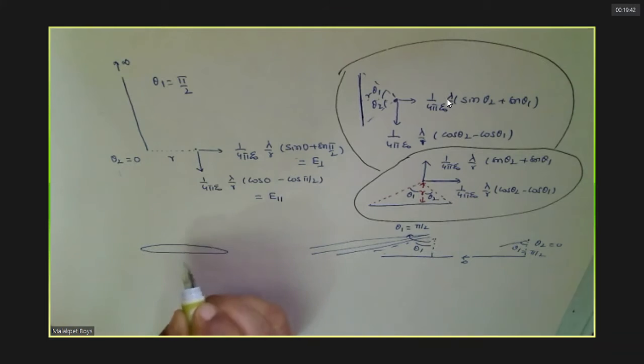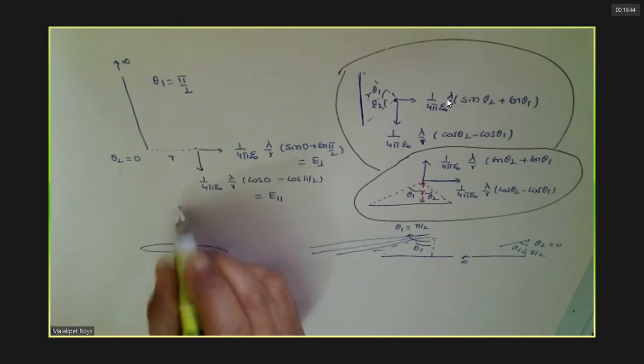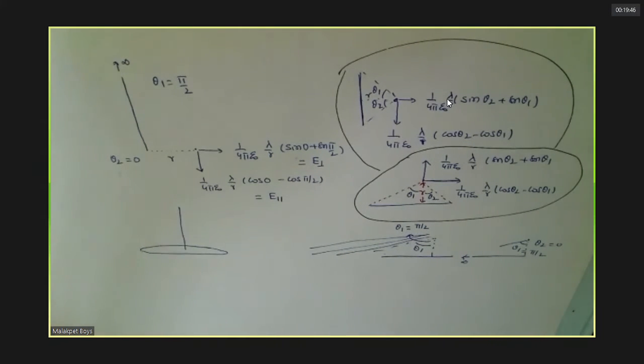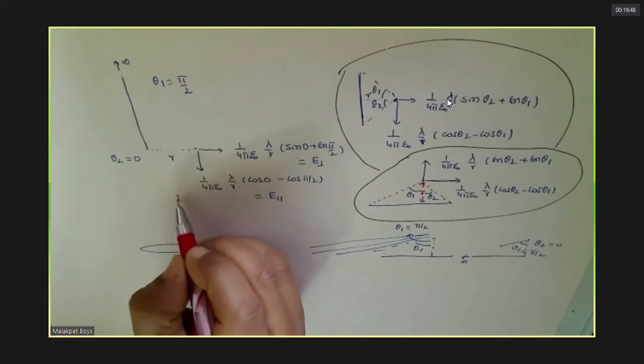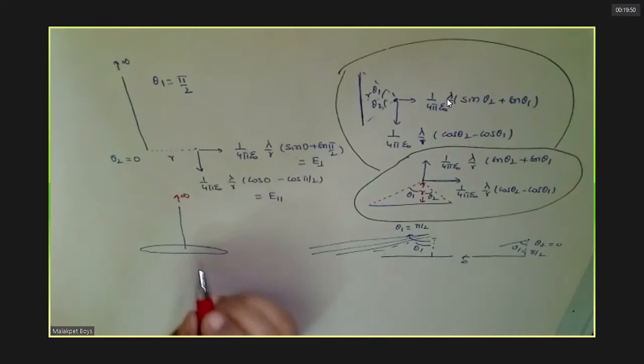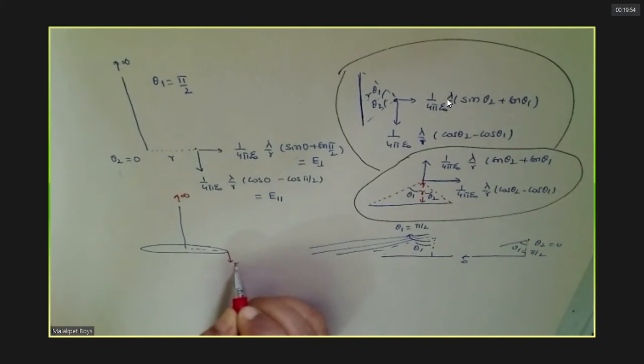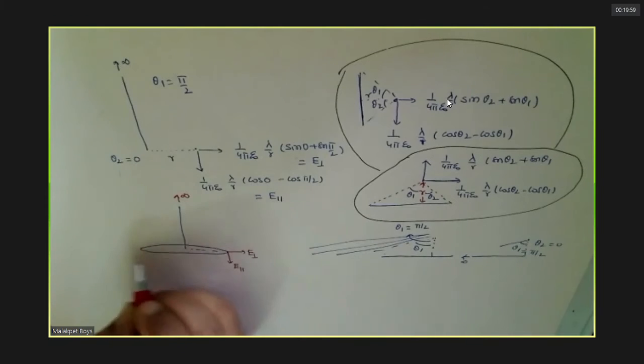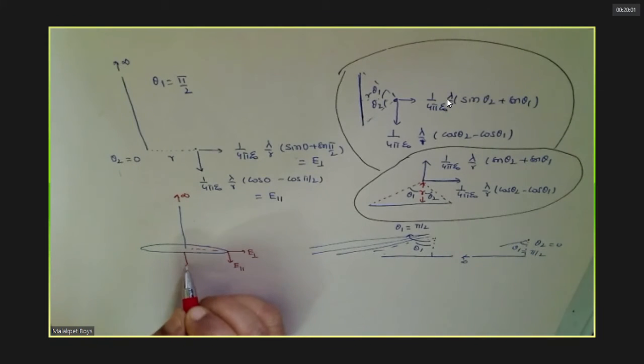Now you have a ring here, a wire here. You can see this infinitely long wire. In this case, at a distance of r, you have two components. What are those? Parallel component, perpendicular component. Throughout the ring you have this.